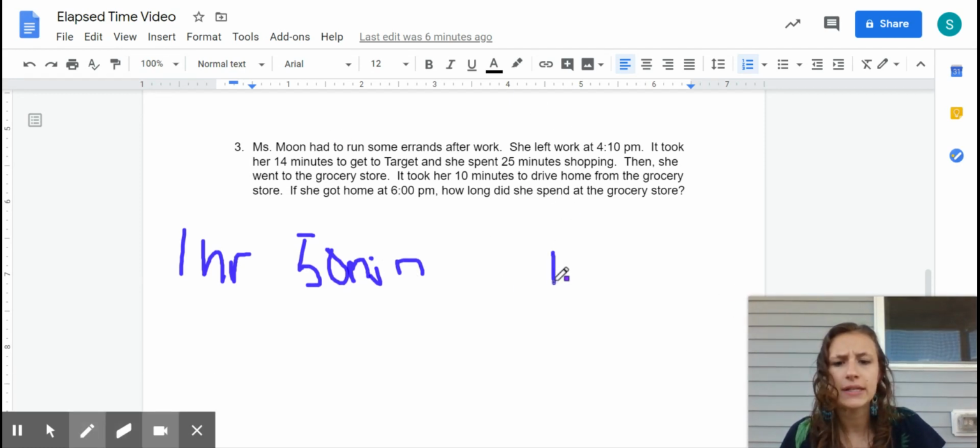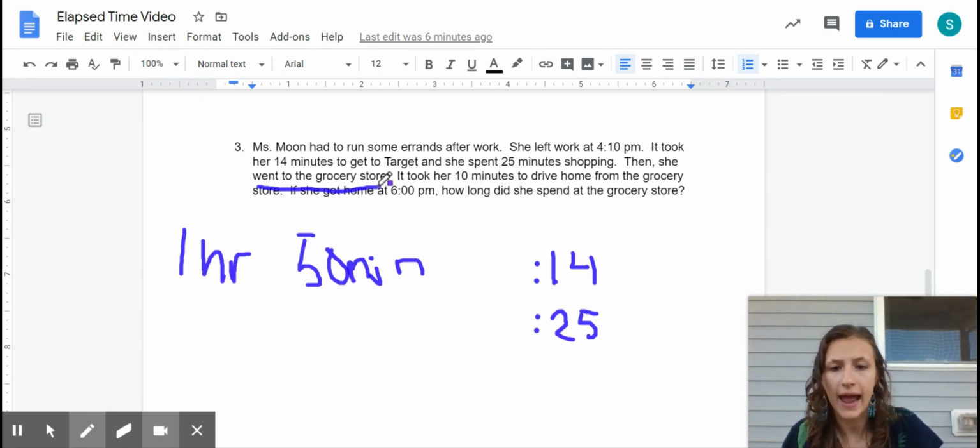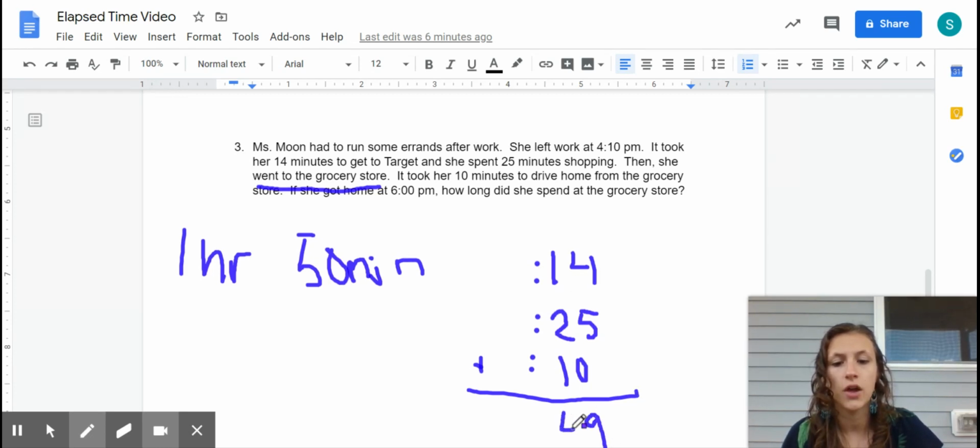Now I did 14 minutes at Target. I did 25 minutes shopping. And then I went to the grocery store. I'm trying to figure that out. And then it took me 10 minutes to drive home. So the parts that I know, 4 plus 5 is 9, 1 plus 2 plus 1 is 4.